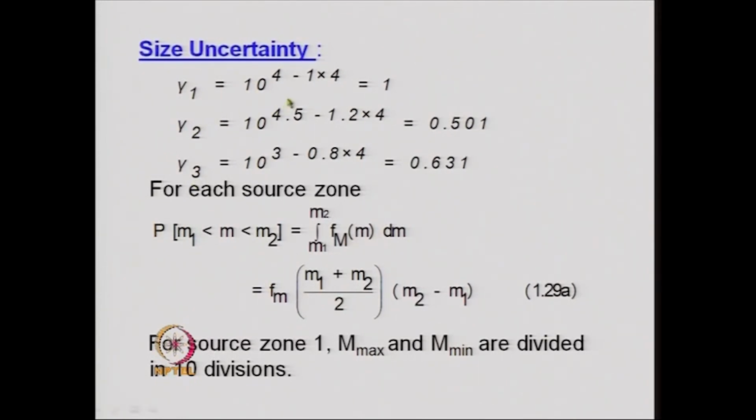So assuming the minimum magnitude of earthquake as 4, one can calculate the exceedance rate of the minimum magnitude of earthquake for different sources. So they are 1, 0.501 and 0.631 respectively.